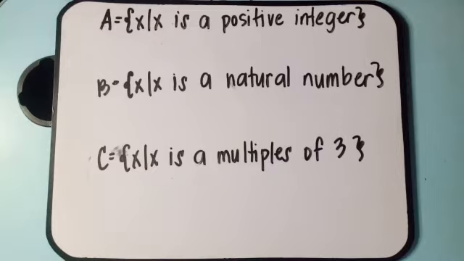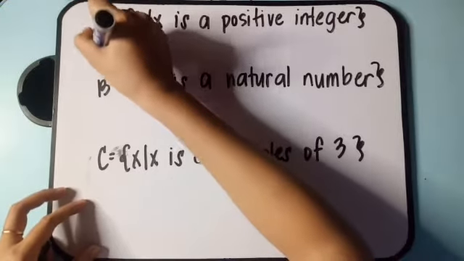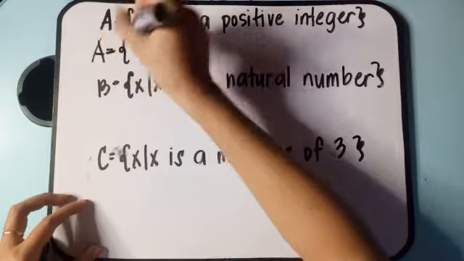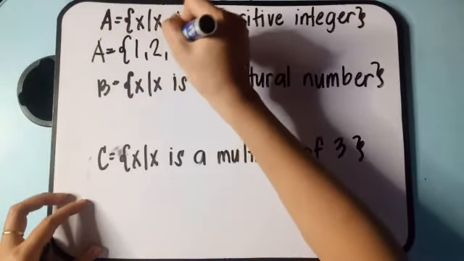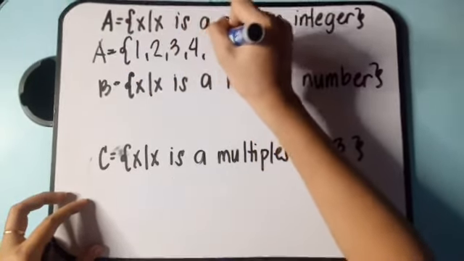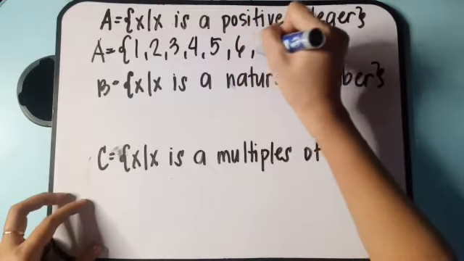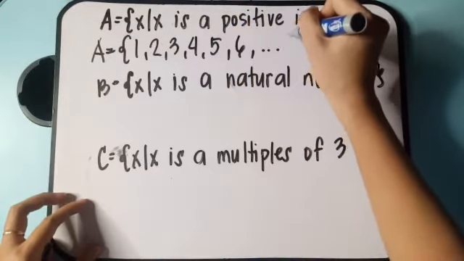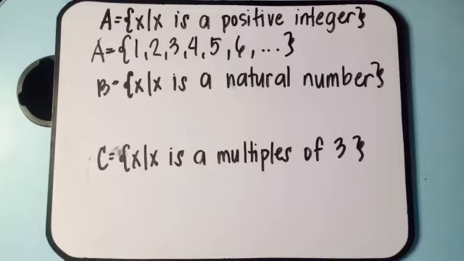So we all know that we can't count the number of elements in this set A because there's a lot of positive integers. So set A is equal to the set of 1, 2, 3, 4, 5, 6, and so on and so forth. Hindi natin kayang i-list down.